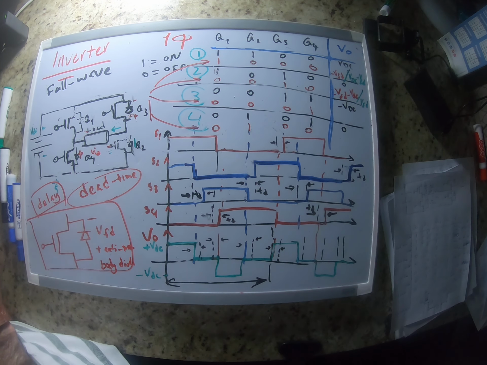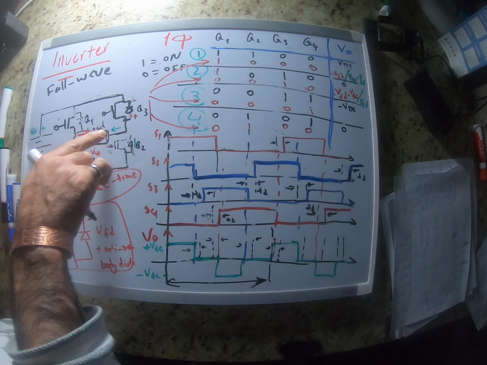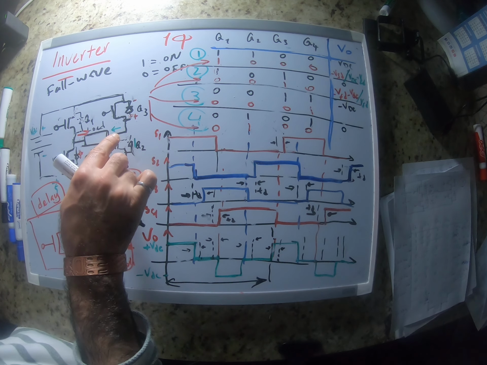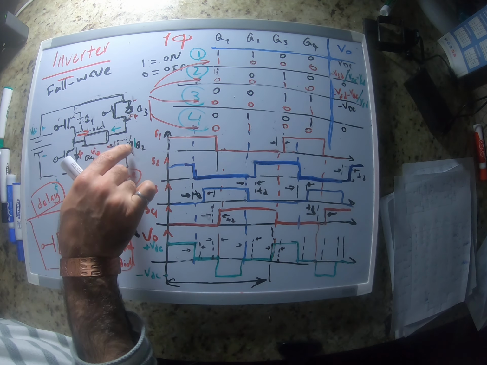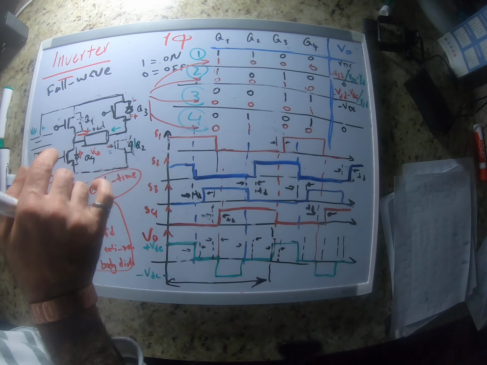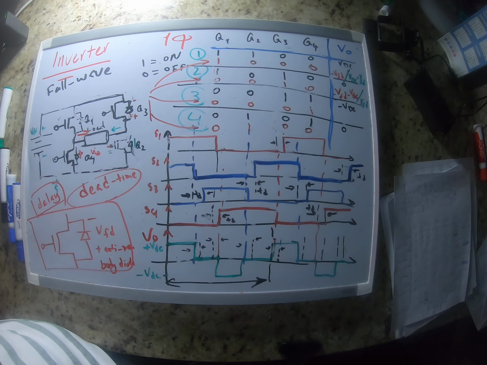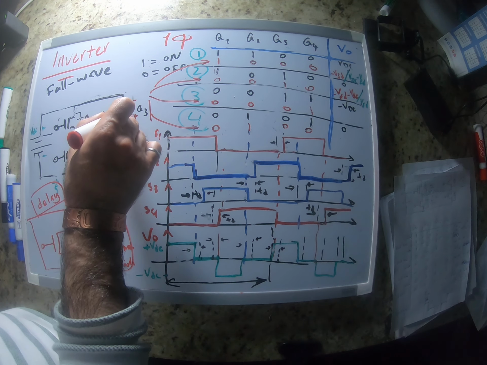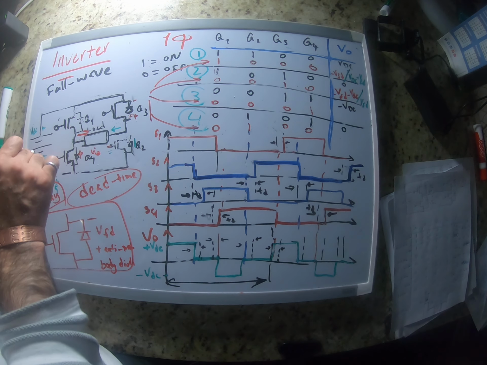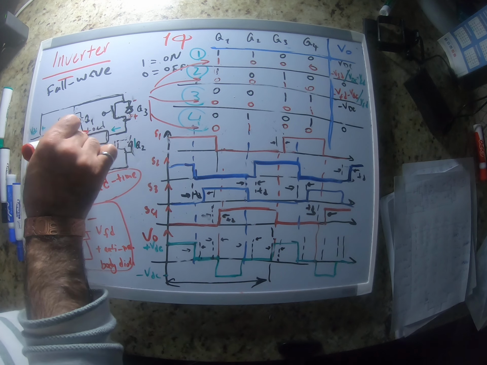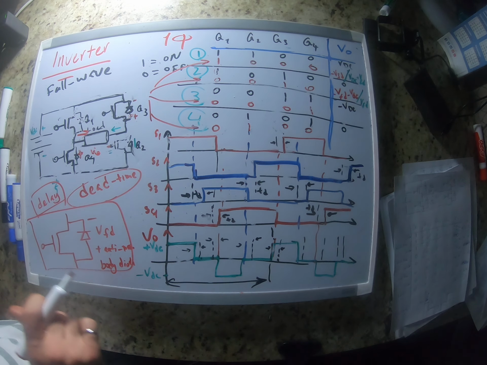Let's assume the current is going this way. If it's going this way from switch 3, it needs a path. It can't go through diode 2, it goes back through diode 3. So the path of the current is from this switch, to the load, to this diode, and back to the source.